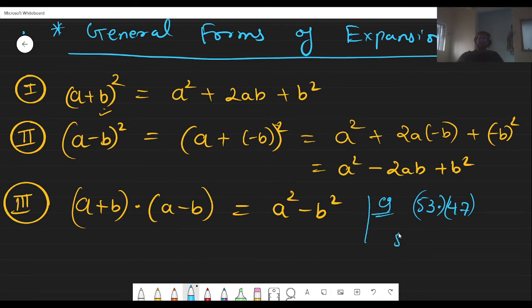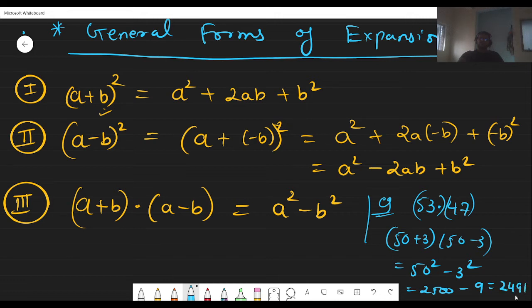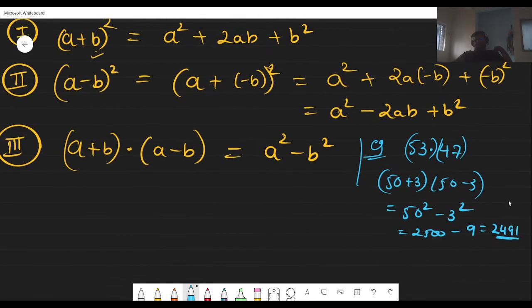Can I write 53 as 50 plus 3, and 47 as 50 minus 3? Now see, this is (a plus b) into (a minus b). So it will become 50 square minus 3 square, which is 2500 minus 9, and that gives us the answer 2491.